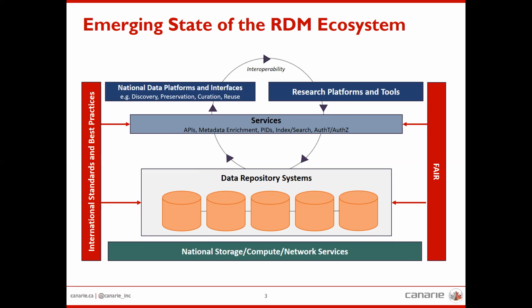National storage and compute network services: of course, Compute Canada has been doing a lot of work in providing not just HPC, but also systems like Globus, common file tools, not just for active storage, but also longer term storage.